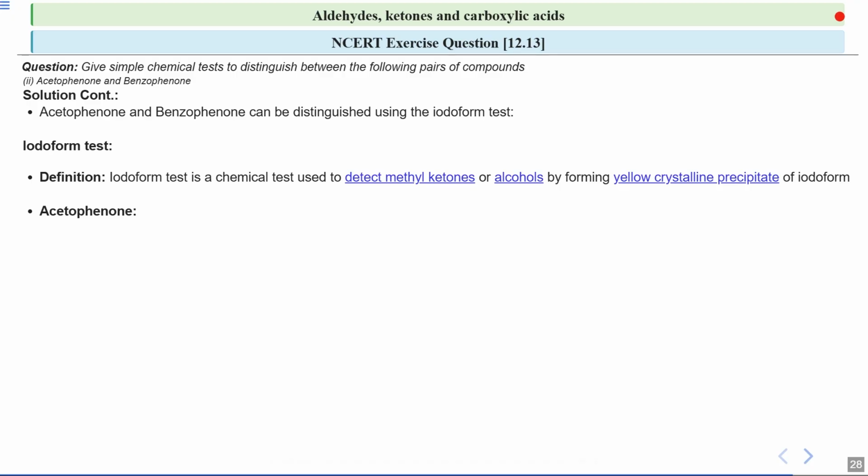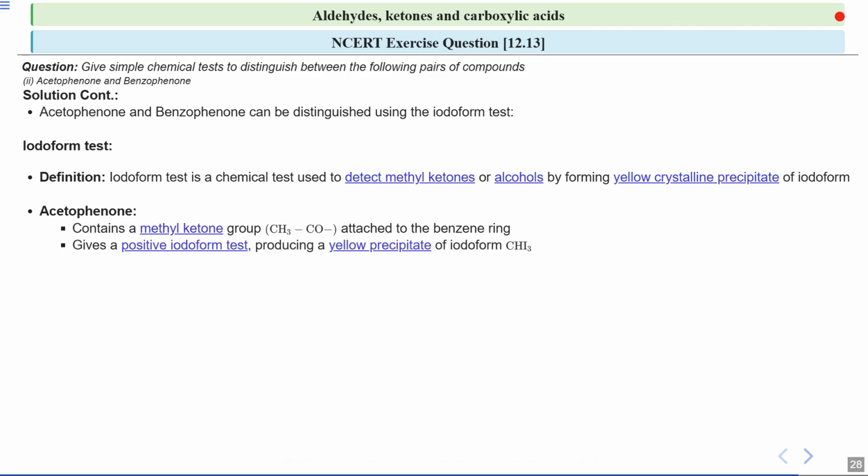If we focus on acetophenone, we will see that it contains this methyl ketone group. There is this carbonyl group, and adjacent to this carbonyl group you have a methyl group. So this contains a methyl ketone. Because of this, it will give a positive iodoform test. That means it will produce a yellow precipitate of iodoform, which is CHI3.